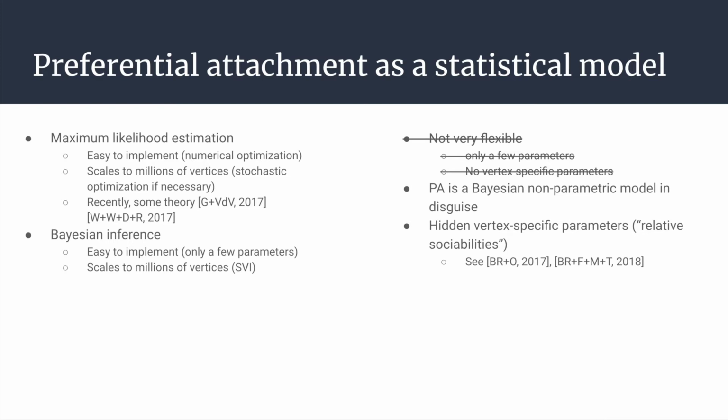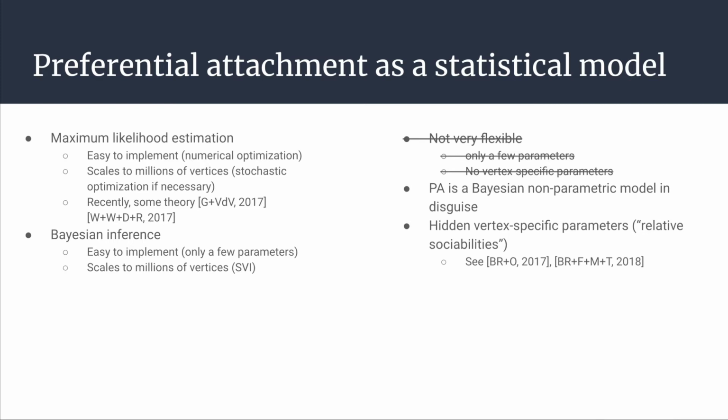I won't dwell on that much more, but this is just to say that preferential attachment does actually have a richer parameterization than it first appears, and is a bit more interesting as a statistical model than we once thought.